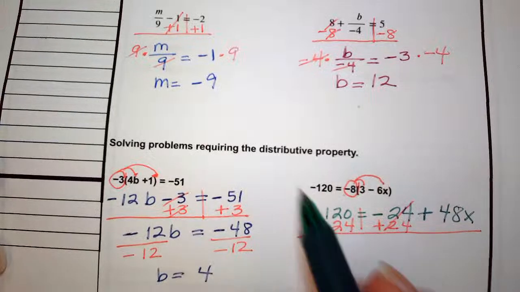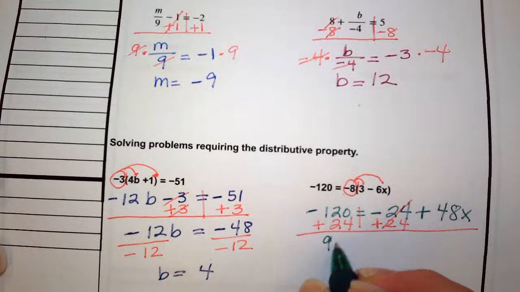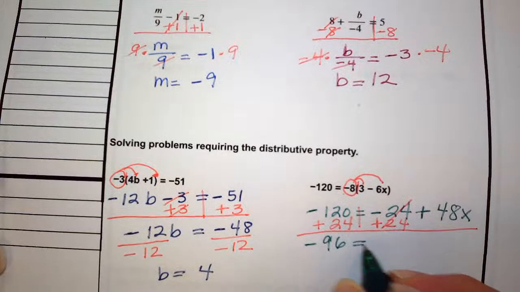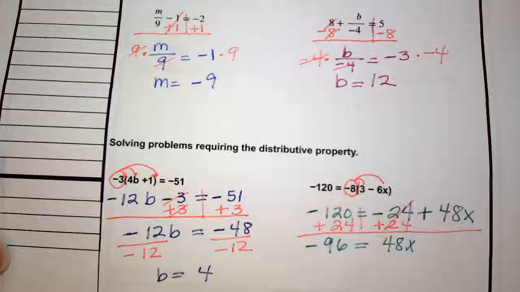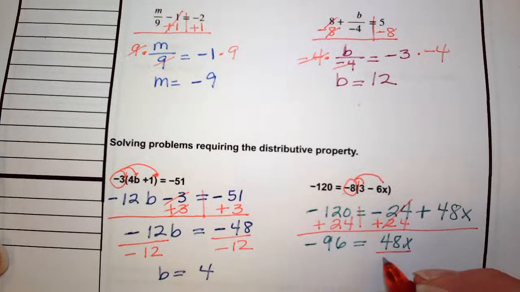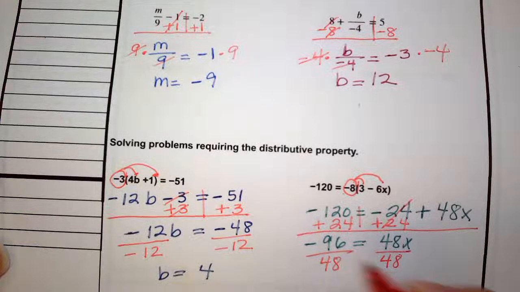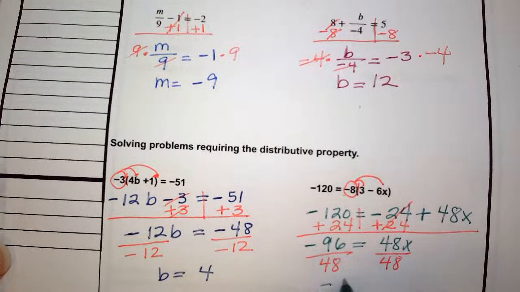I have to subtract. 120 minus 24 will give me 96, and it will be a negative 96, is equal to 48x. Divide both sides by 48. And negative 2 is equal to x.